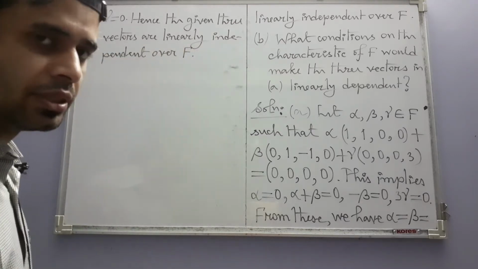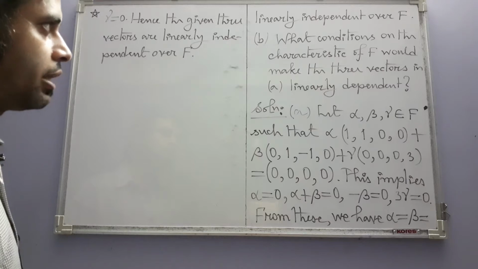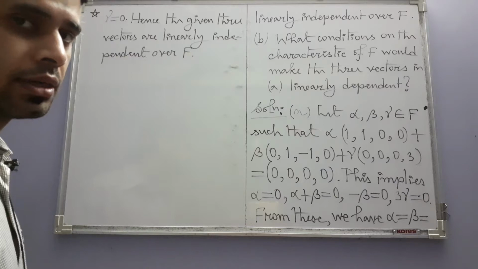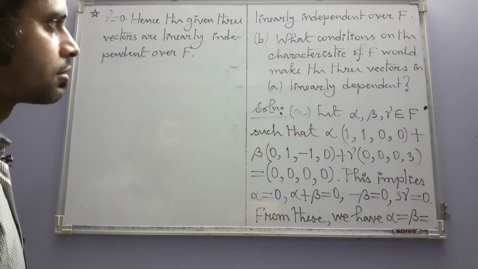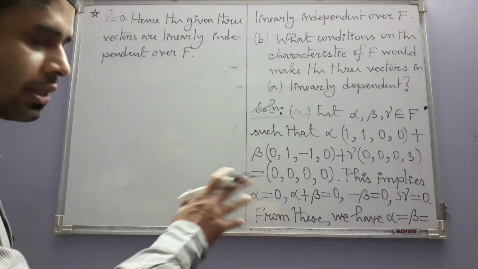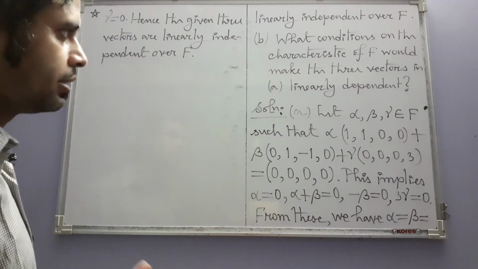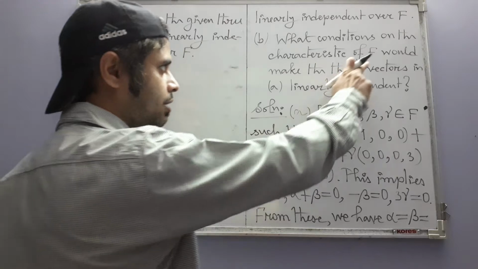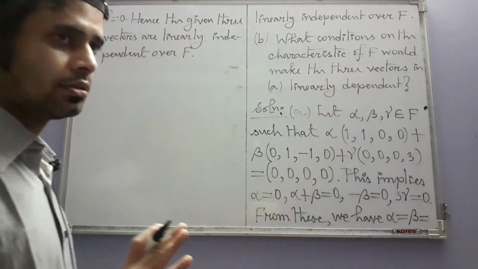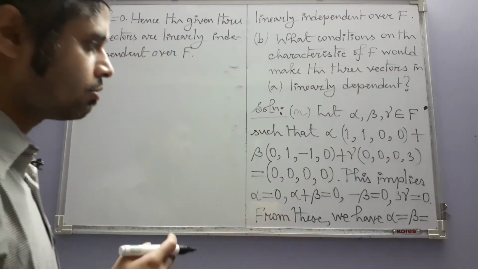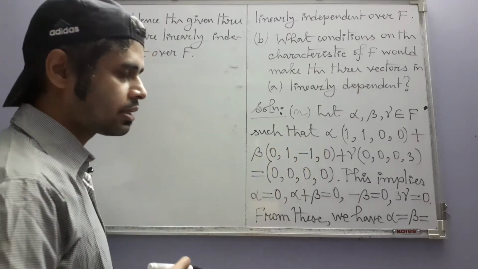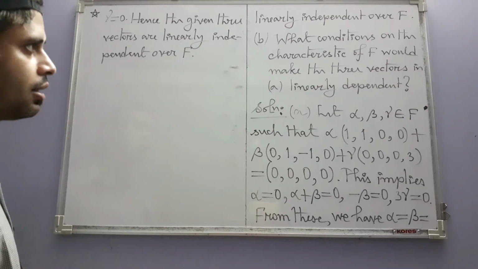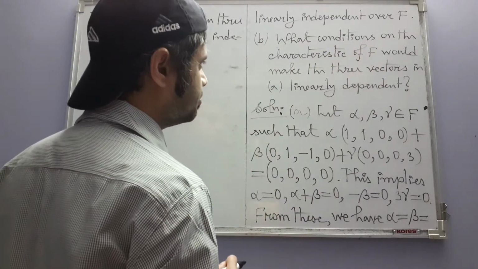Next, in part B, we want to find some condition on the characteristic of the field F such that these same 3 vectors would become linearly dependent. And in this context you have to understand that now F is not the field of real numbers, because we have already seen that over it these 3 vectors are linearly independent. We have now proved it just now. But now F is any field.